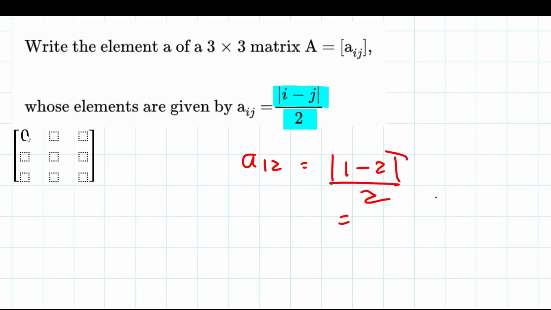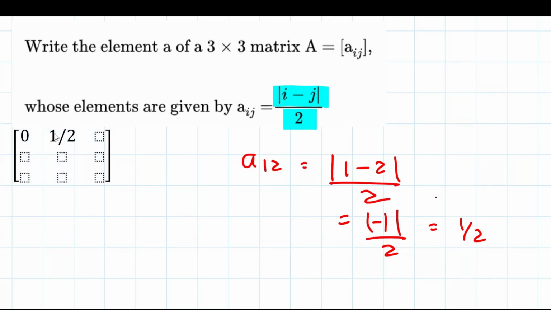That is modulus of minus 1 divided by 2. The modulus of minus 1 is 1. So it's 1 over 2. This is A12, first row and second column, so it's going to be half in this case.